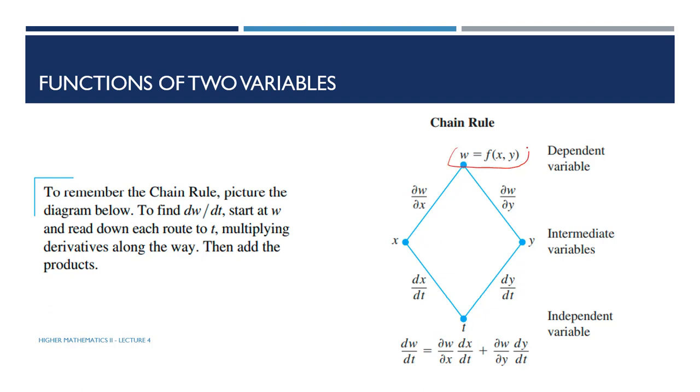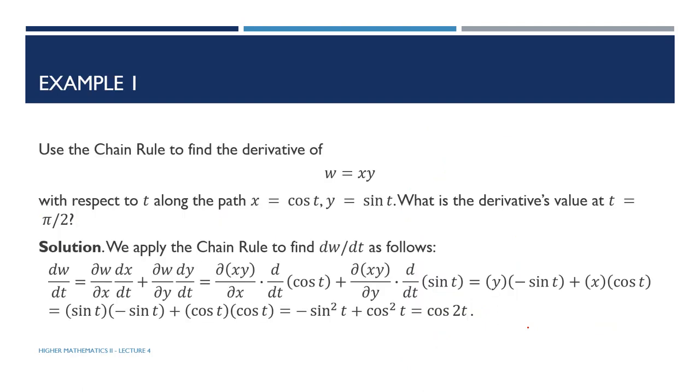So I have function w equals f of x, y here, and in order to calculate the derivative of this function with respect to t, first of all I have to calculate its derivative with respect to x, and then multiply this by the derivative of x with respect to t. Then plus I have to calculate the derivative of w with respect to y, and then multiply by the derivative of y with respect to t. If we add these parts together, we'll get the derivative of w with respect to t.